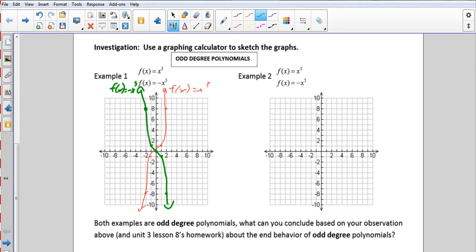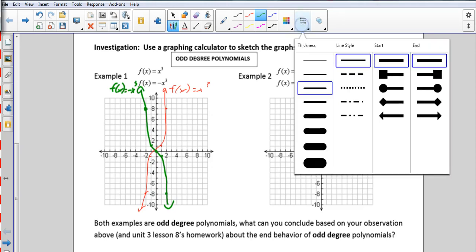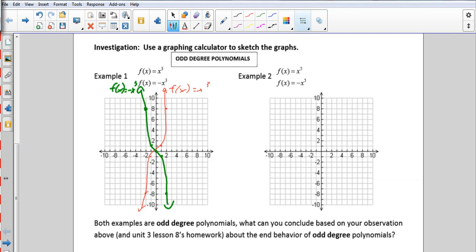Now to the fifth. Do the same thing, but taking it to the fifth. We're going to get a very similar shape.